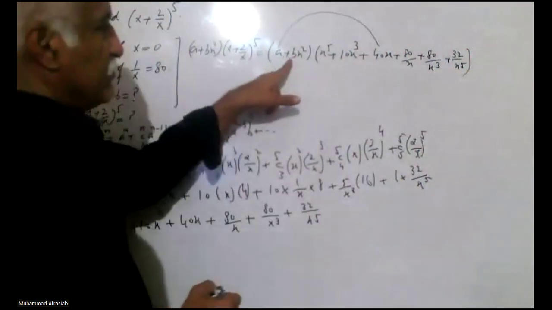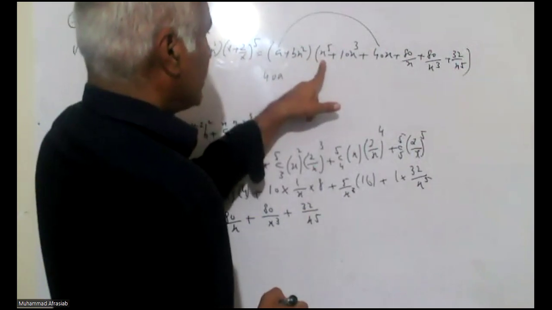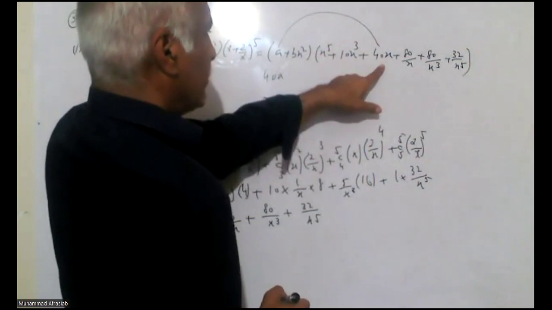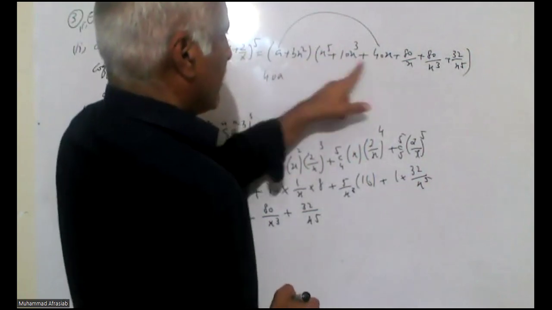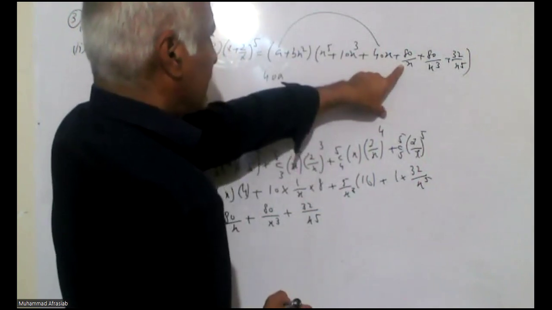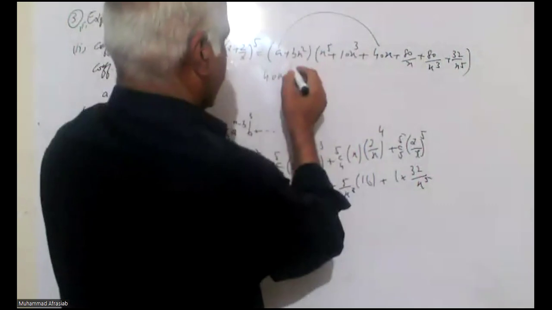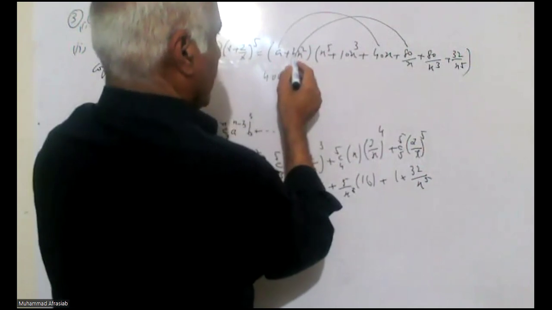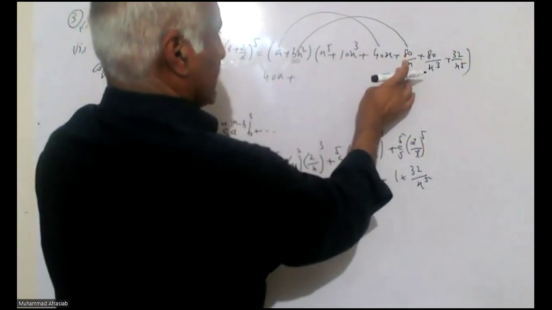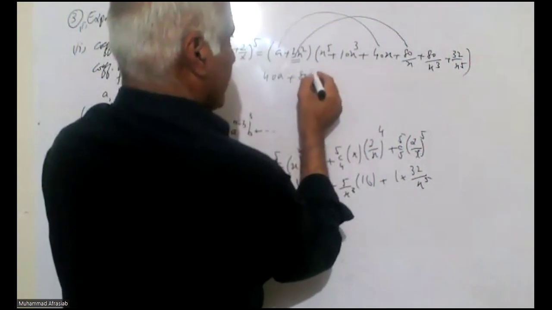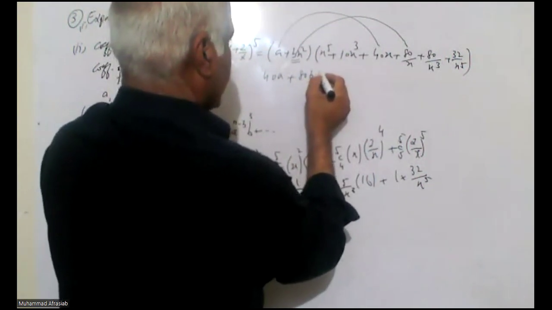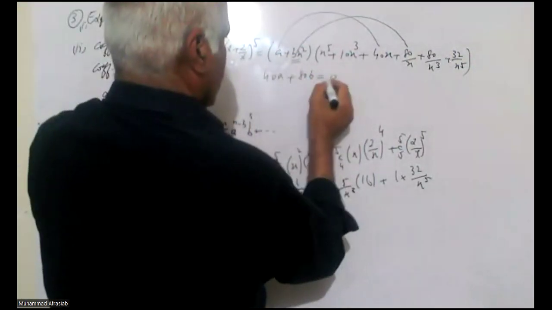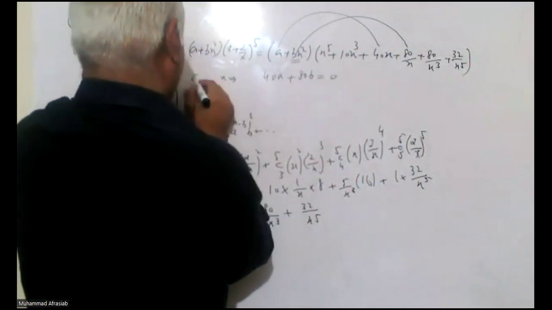Now bx^2, b is going to multiply by this 80 over x, so bx^2 times 80 over x will become 80b into x, and the coefficient of x is equal to 0.